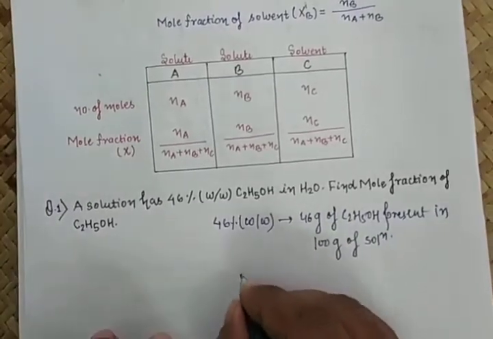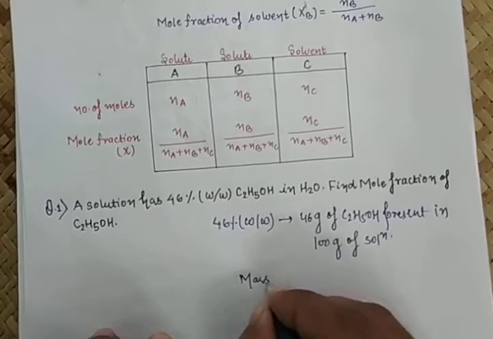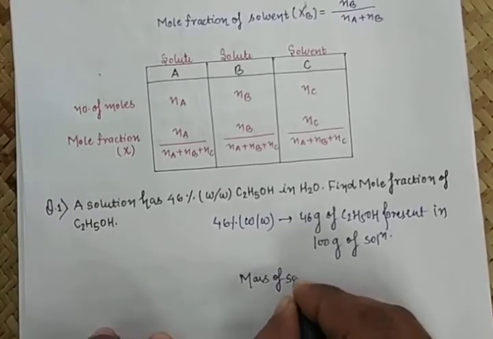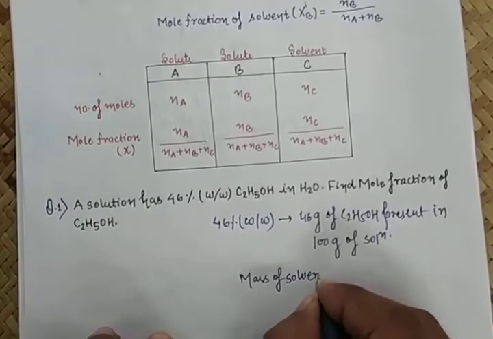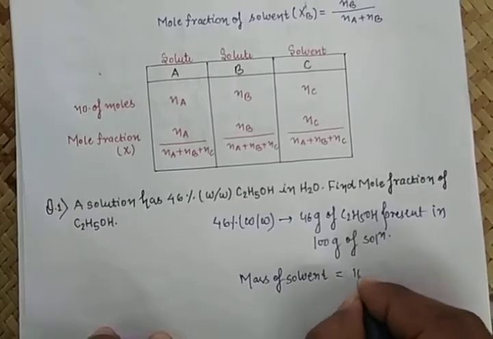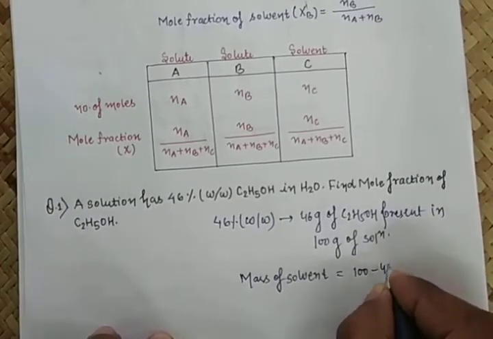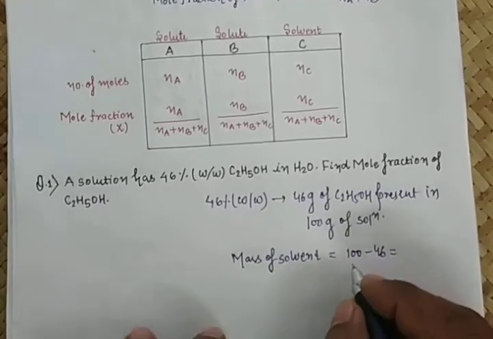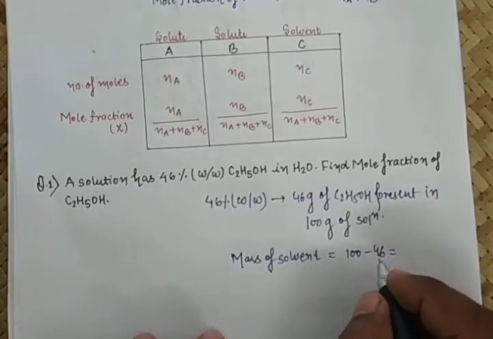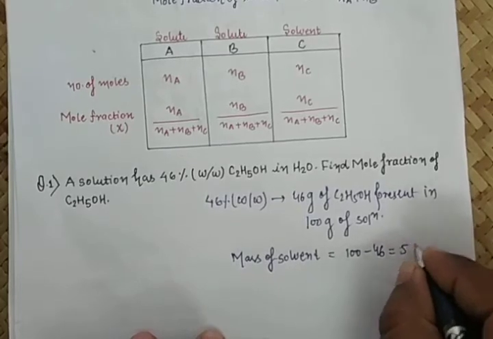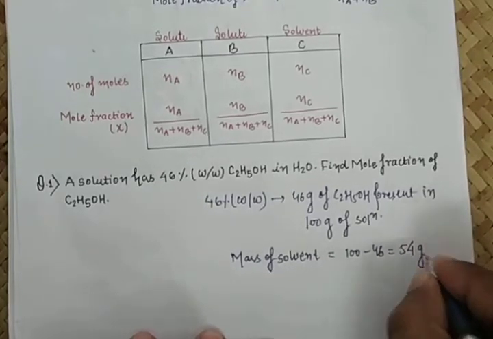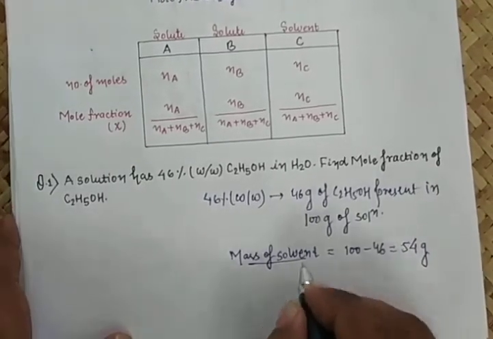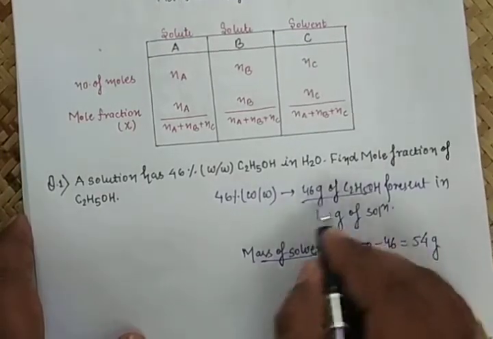So the mass of solvent is what? 100 minus 46, which is 54. Yes, 54 gram is the solvent mass and 46 gram is the solute mass.